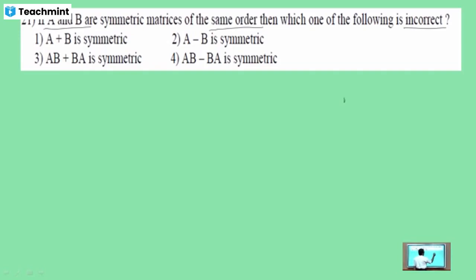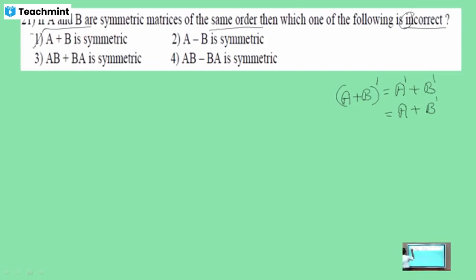When I take A plus B and check whether it's symmetric or not, take the transpose. A plus B transpose is A transpose plus B transpose. What is A transpose? Equal to A. What is B transpose? Equal to B. Therefore, the first one is correct, but I want incorrect. So the first one is not the solution.